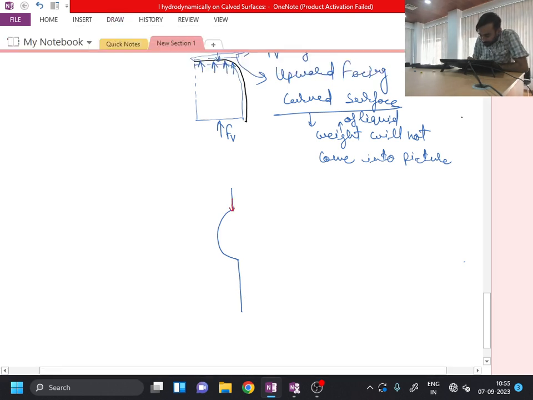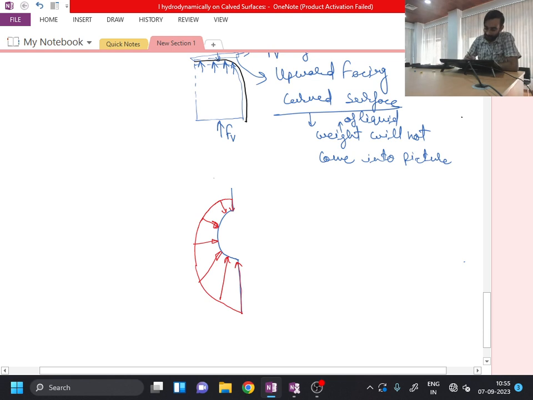Pressure always acts normal, but its magnitude will keep on increasing as we move into deeper locations. So this will be my distribution of the pressure. The direction of all the arrows will be normal to the curve; however, the magnitude will keep on increasing as we move in the downward direction.